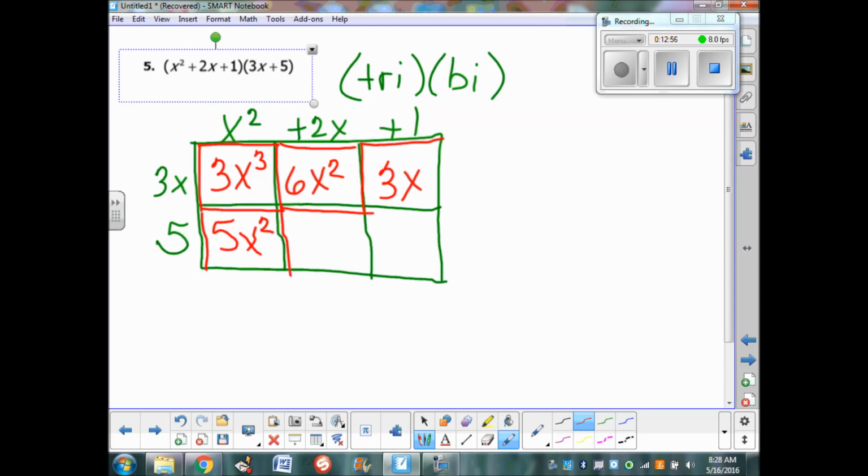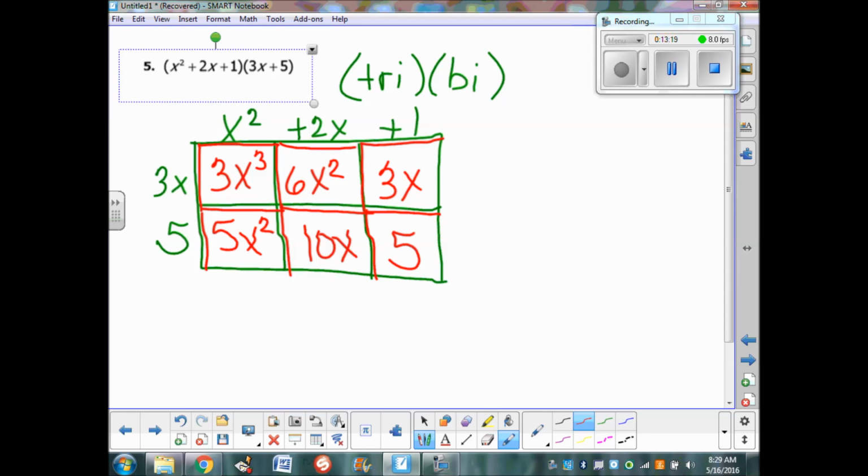Middle box there. Somebody tell me what we're multiplying there. I've been telling you guys all along each step. What am I multiplying? Anybody? 5 times 2x, 10x. And then the last box, 5 times 1, which is 5.